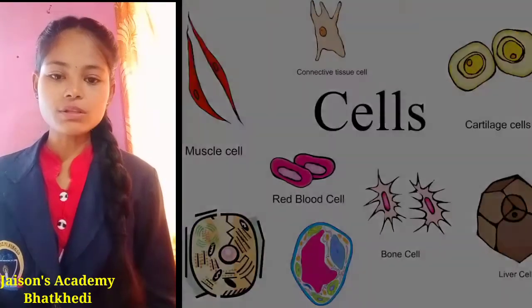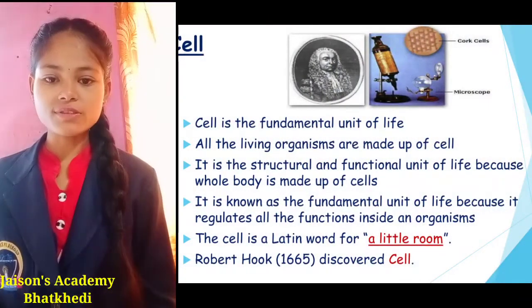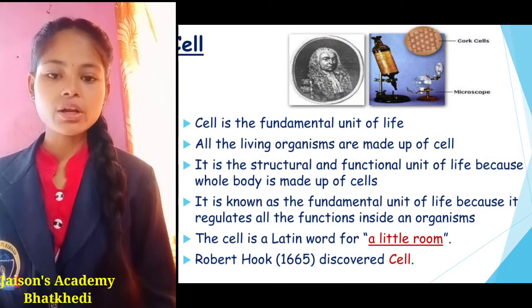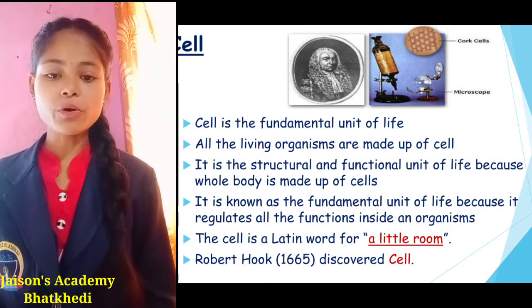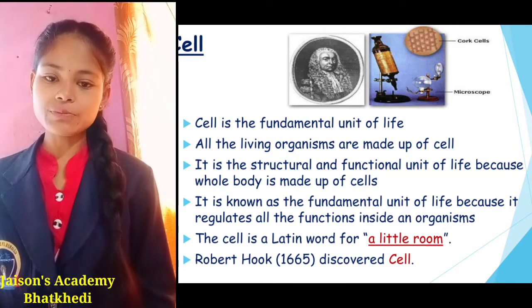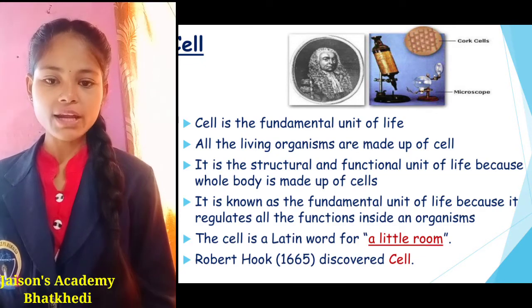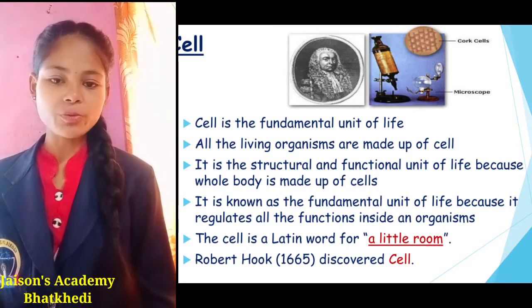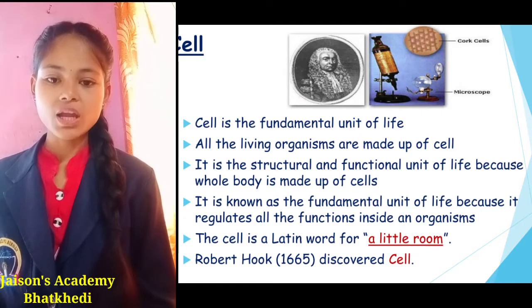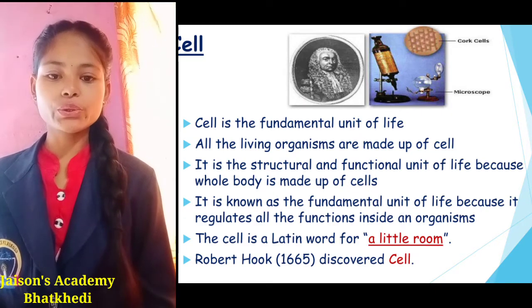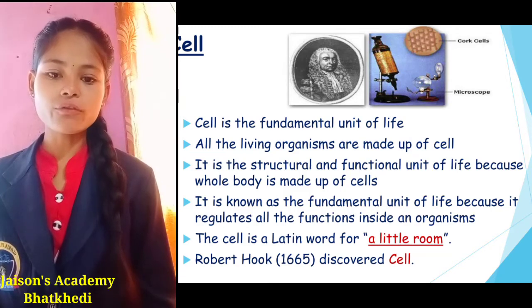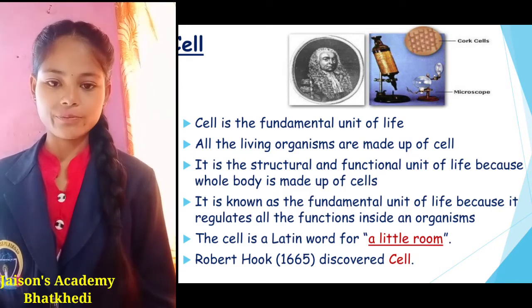The cell is called the fundamental unit of life because every function required for the body is performed by the cells. Different types of cells are present in every living organism, and these different cells perform different functions. Since they are very important unit of life, that's why they are called fundamental unit of life.